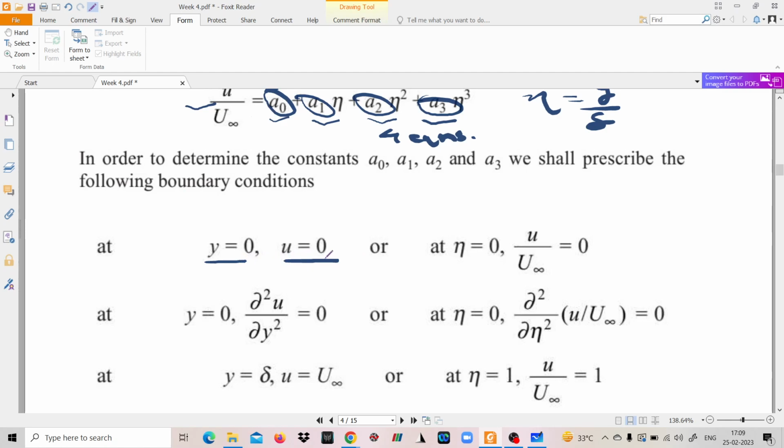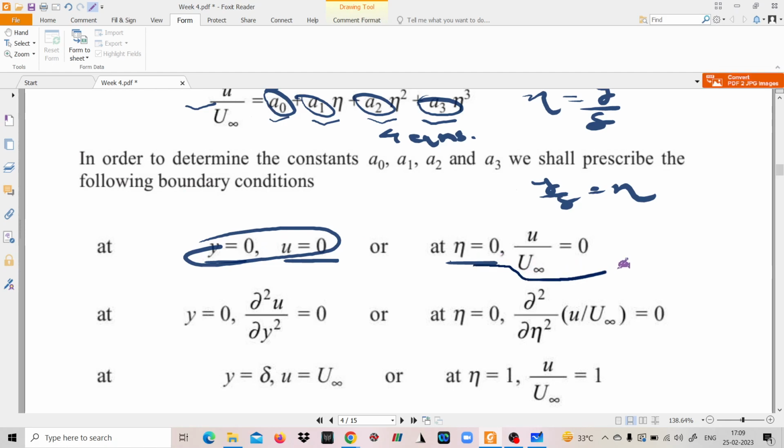The first condition: at y equal to 0, u is equal to 0. At y equal to 0, eta is equal to 0 because eta is y by delta. So if y equal to 0, then eta is equal to 0, and u by u infinity equals 0. This is the first condition.